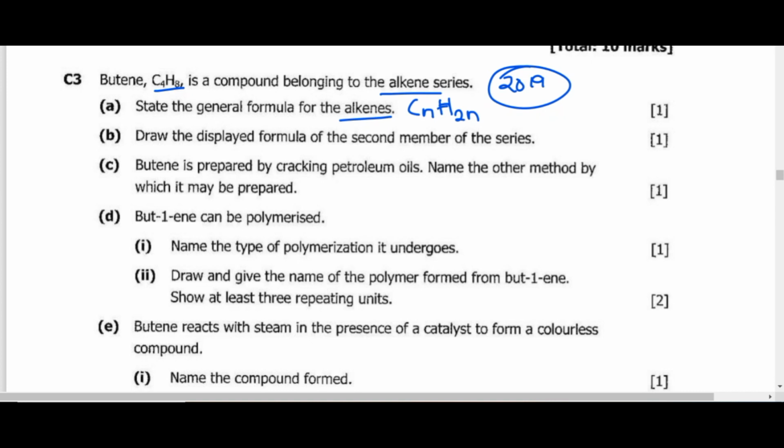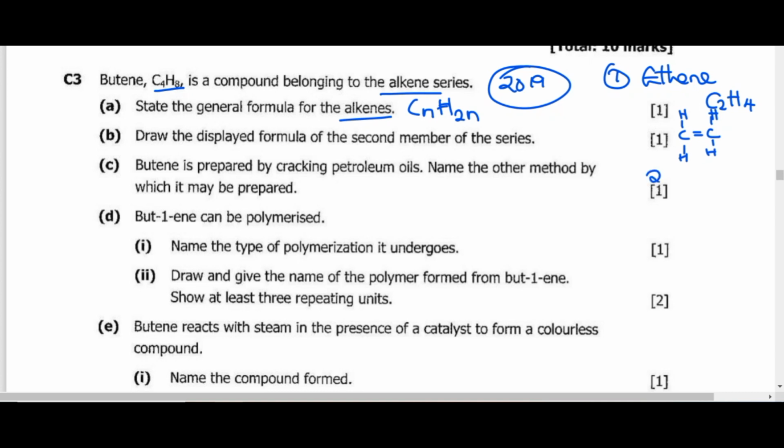The first one is ethene. So ethene, this is the first member. Ethene is C2H4, meaning we have a double bond there, and then we have carbons 1, 2, 3, and 4.